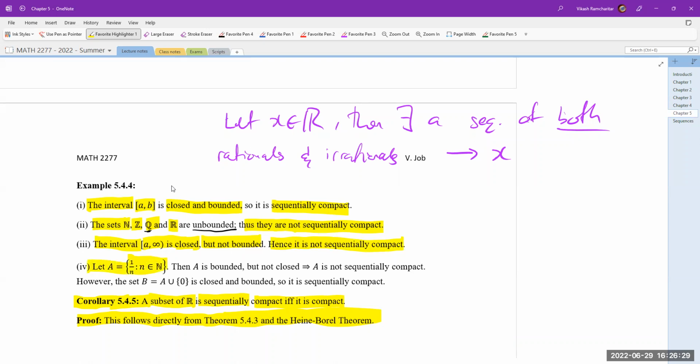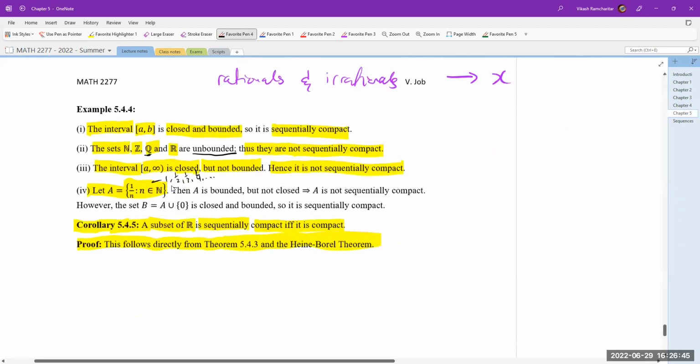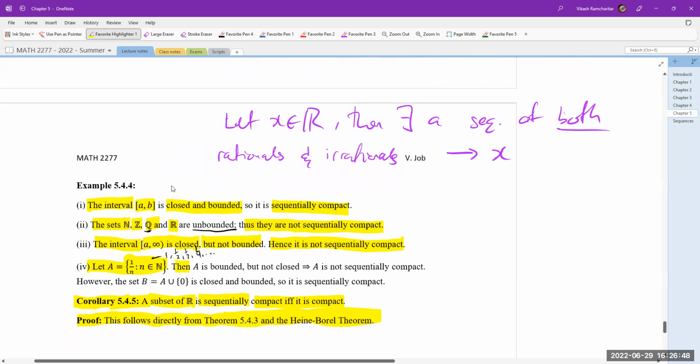This set, 1 over n, so it contains 1, a half, a third, a quarter, and so on. It's bounded, but it's not closed. Why is it not closed? Because 0 is a limit point of this set, but 0 isn't in this set.